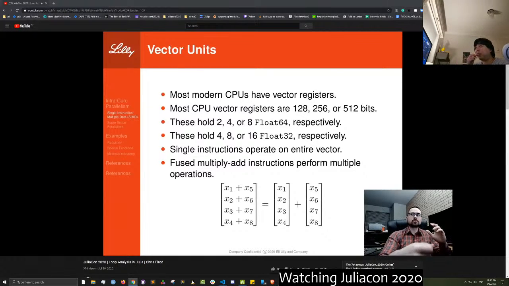So a single instruction operating on these vectors, for example an add instruction, will be adding 8 float64s or 16 float32s. So you're doing a tremendous amount of work per instruction.